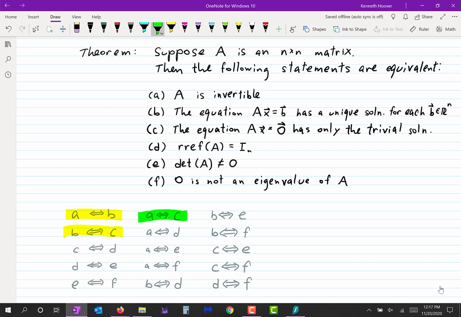Yeah, by transitivity. So that's one example of where you don't have to prove all 15 of these statements. Okay? So what's the minimum? I said 15 earlier, and they're biconditionals, so that would actually be 30 subproofs.